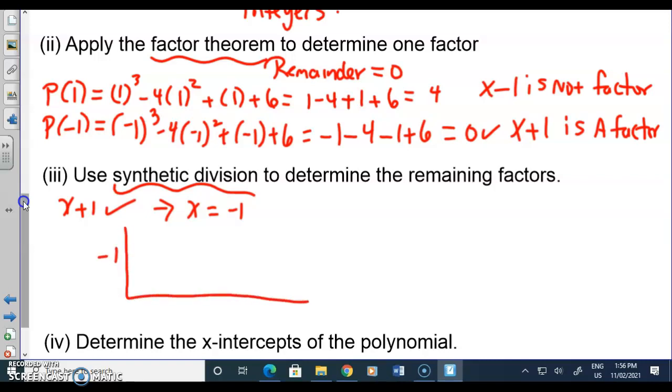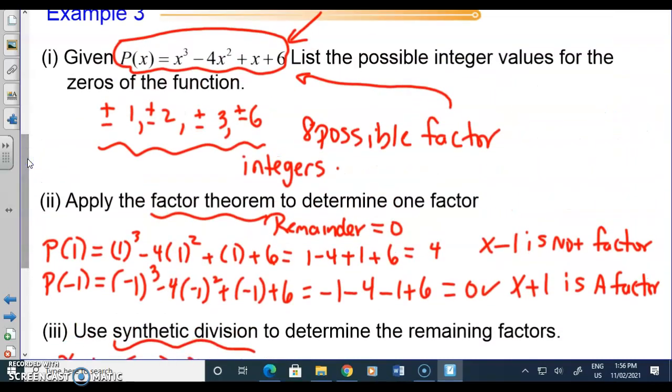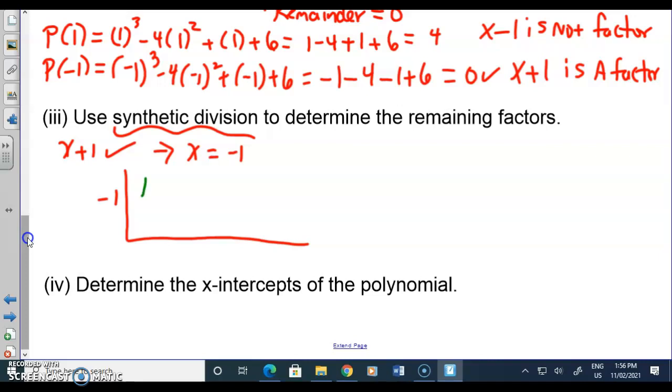I'm going to do my synthetic. How do you do synthetic? Reminding you, you take the coefficients of what's in front of your cubic. So I've got a 1, a -4, a 1, and a 6. You drop the 1, you multiply, you get -1, and then we add, so we get -5.